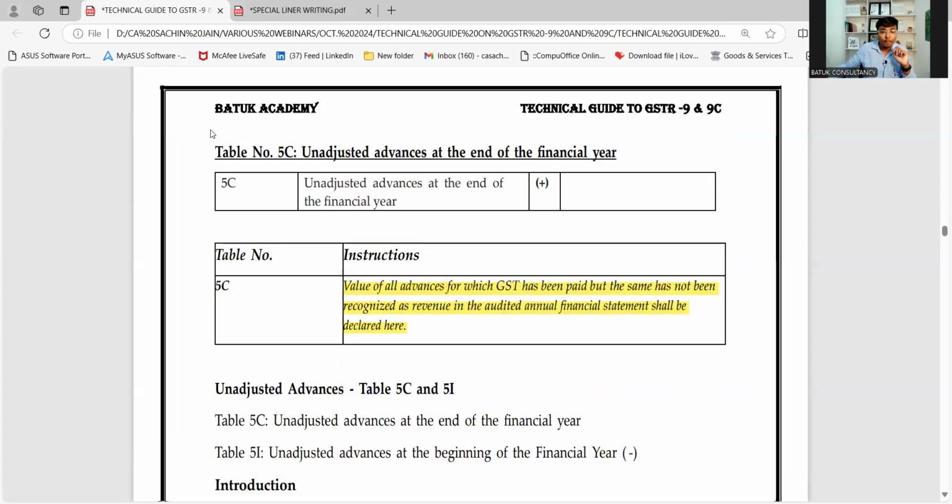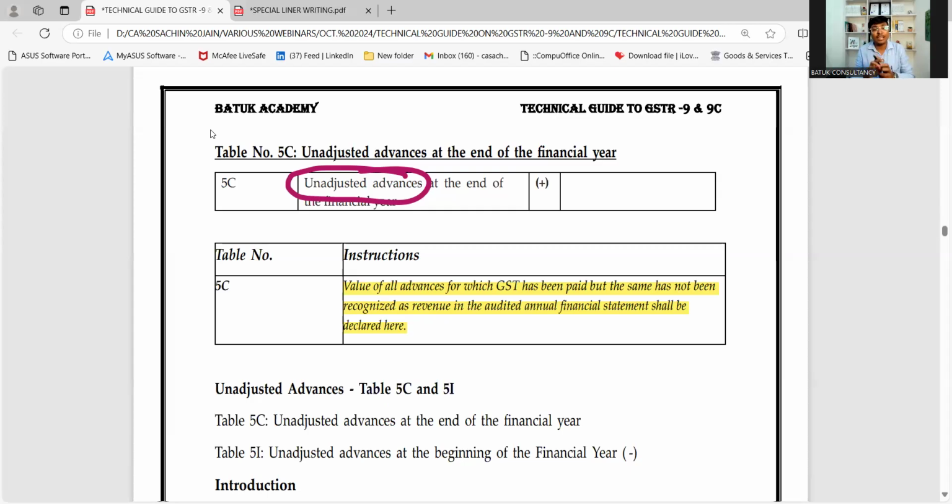This is the unadjusted advances: value of all the advances for which GST has already been paid, but the same has not been recognized as revenue in the audited financial statement, because you are comparing your audited sales with your GSTR-9 sales. Okay, so in such a scenario, you have already made the payment of GST on account of advances, but you have not booked the revenue in your books of accounts, because the bill has not been generated, this is just an advance.